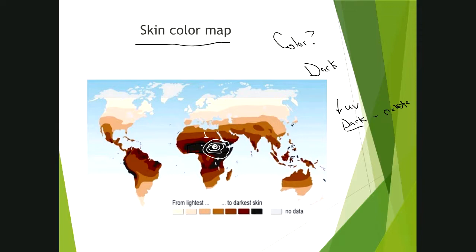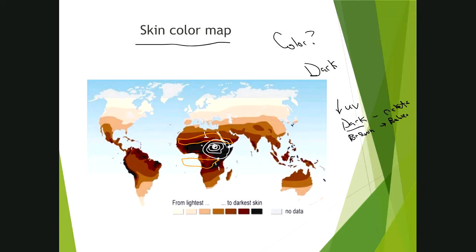But if you're just a little bit lighter in color, not dark, dark, dark, but just sort of brown, then you're still not going to get skin cancer and you're not going to get rickets. And so you're going to live and you're going to have babies. And the babies are going to be basically the same color that you are. So over time, all of the people in this area wound up with a little bit lighter skin. Same thing down here, a little bit lighter skin.